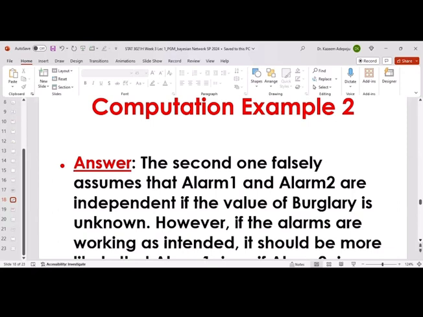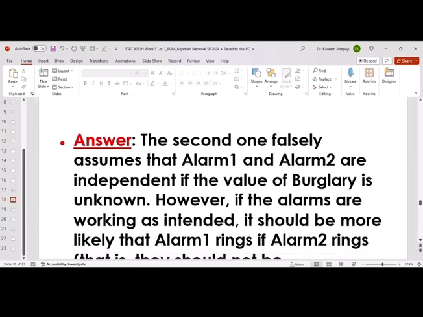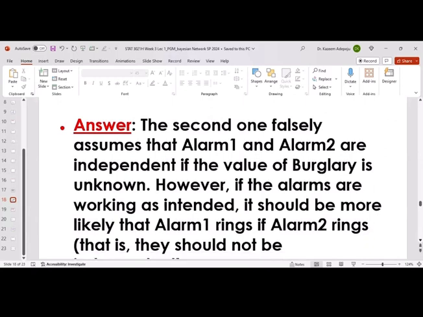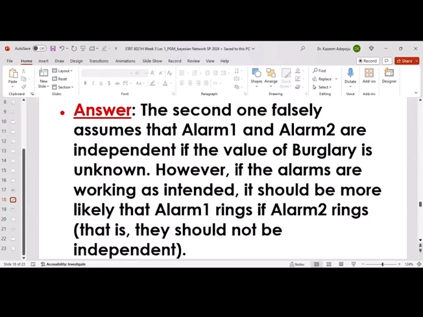And that was why I said, however, if the alarms are working as intended, it should be more likely alarm one rings if alarm two rings. That is, they should not be independent. What is the meaning? They should be dependent. Does that make sense? Because one will trigger the other one to ring, and before one triggers the other, an event of burglary has taken place.